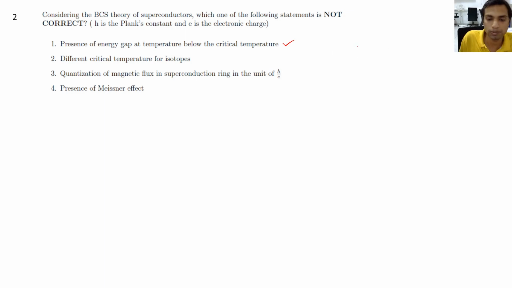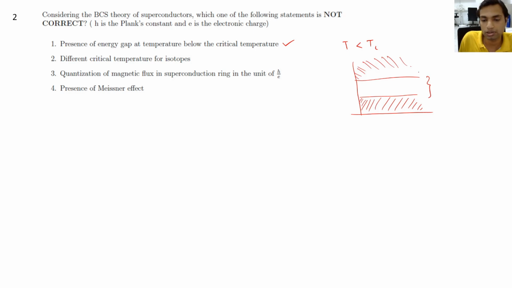Because at temperature T less than the critical temperature, there would be an energy gap between the superconducting electrons and the normal electrons, which is the energy level of the normal electrons. That gap is there below the critical temperature, so the presence of this gap is true.